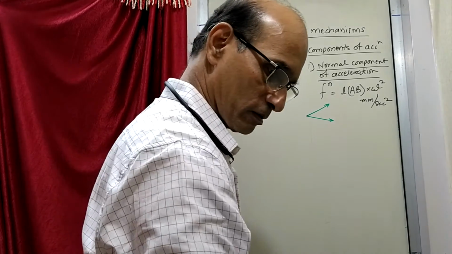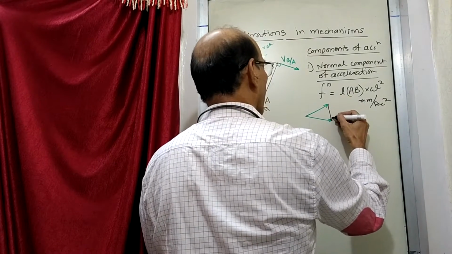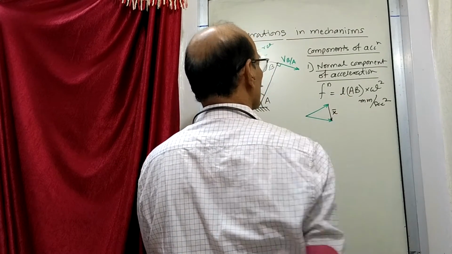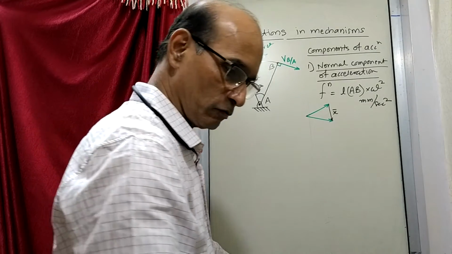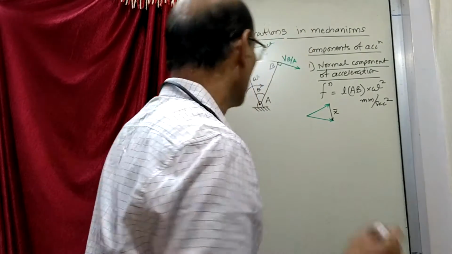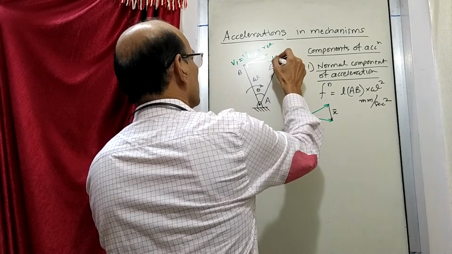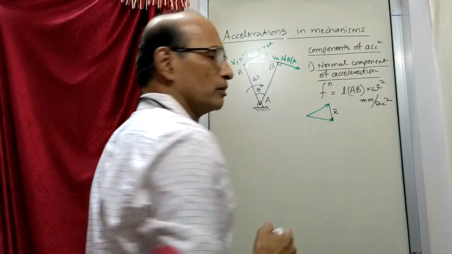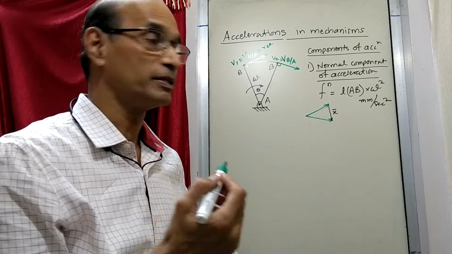And I'll call this vector x. And we'll also call this vector v1. This is the first velocity, this is the second velocity, which is the same in magnitude, but there is a difference in direction.